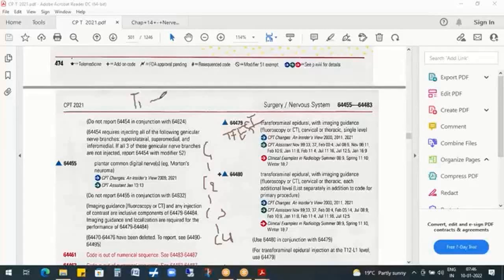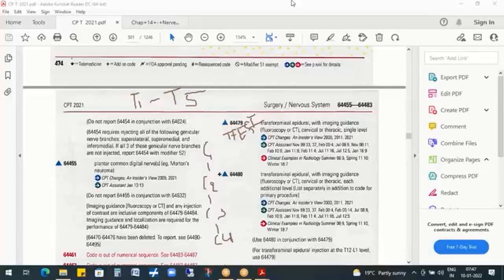T1 to T5, how many levels are there? 4 levels. If TFESI is performed on thoracic, how will you code? 64479 one time, 64480 three times. Understood everyone? Like that you need to code.